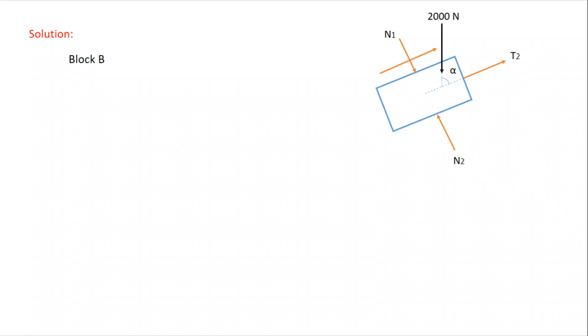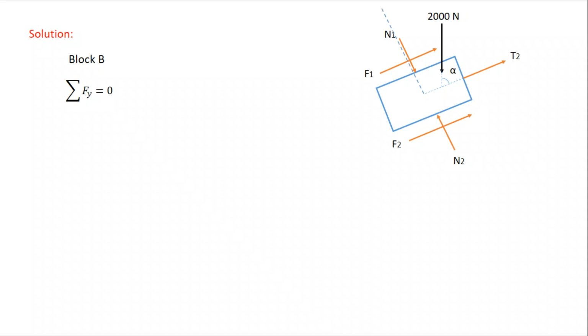Here the tension T2 is on the right side, but the block is sliding downward. Once again, the tension T2 is on the right side, but the block is sliding downward. So the frictional force is in the opposite direction, that is the right side. F1 is the frictional force between the block W and the 2000 Newton block, and between the floor and the 2000 Newton block it is F2.